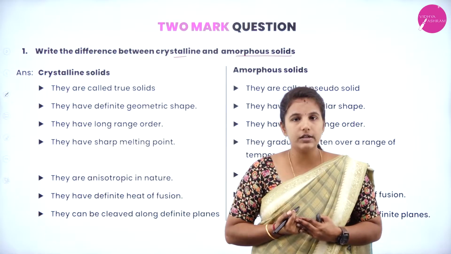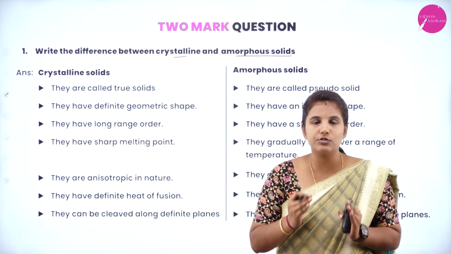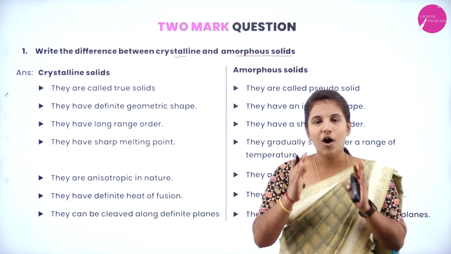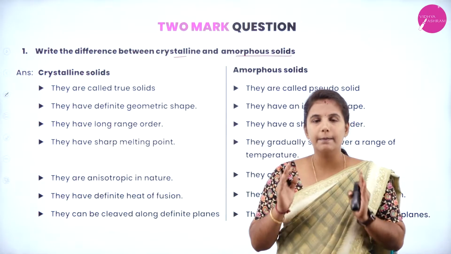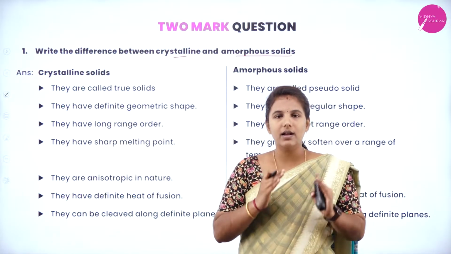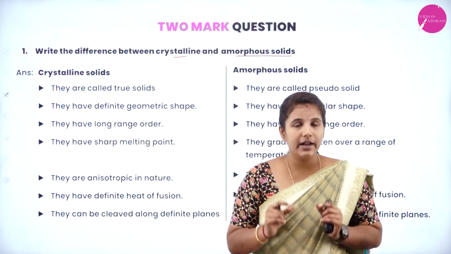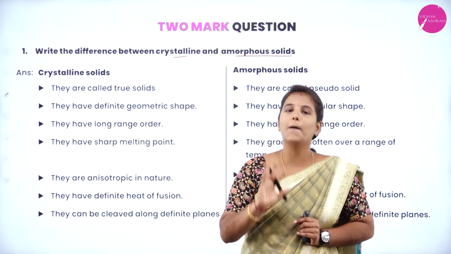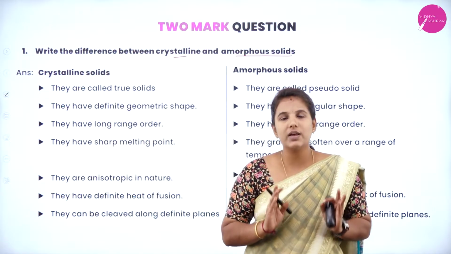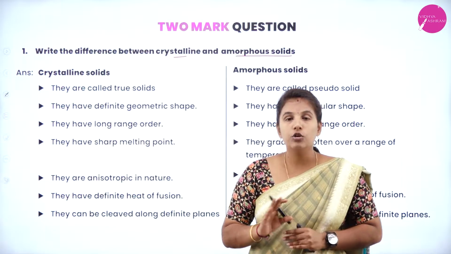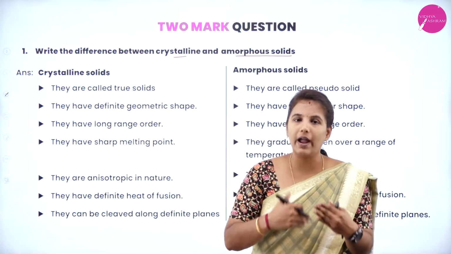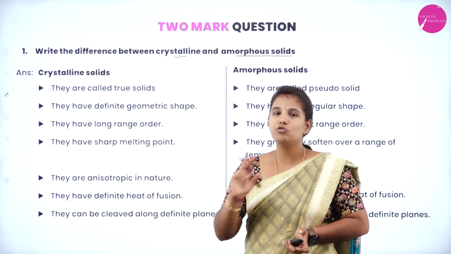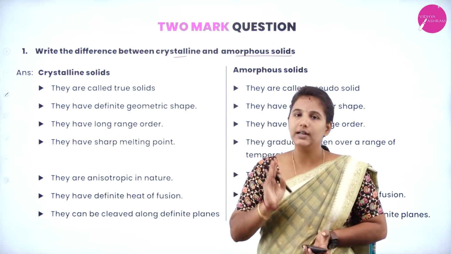If they ask you to write the differences between any two solids, remember always to put a column and make 2 parts and write crystalline and amorphous. It has been asked for 2 marks, so write only 2 proper differences. It is very easy to get 2 marks. No need of writing 4 to 5 differences. Any 2 differences are enough to get 2 marks.